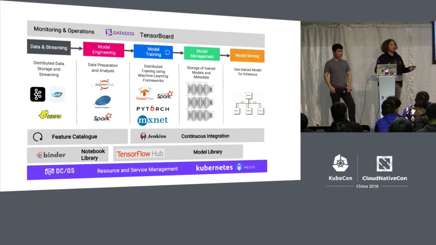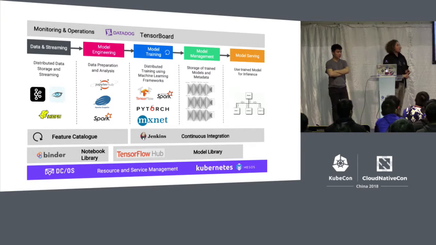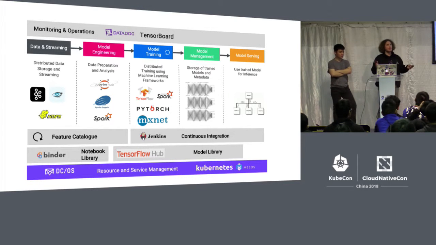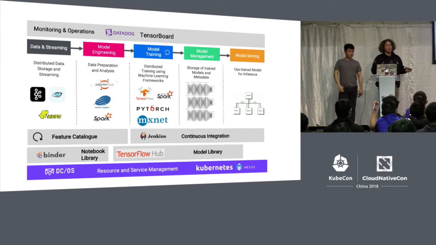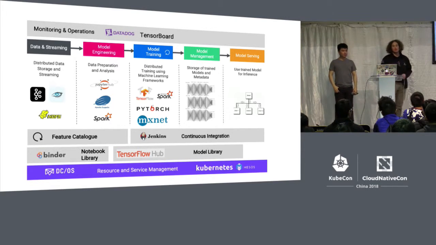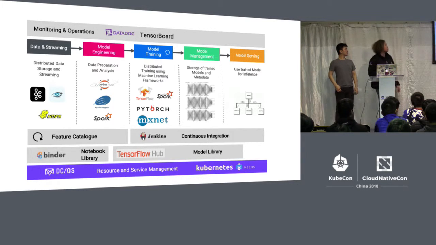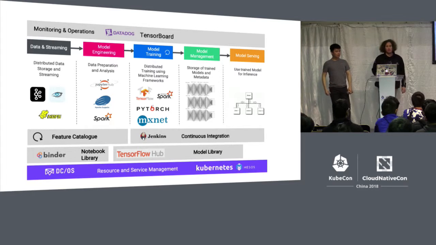Using this pre-trained model really reduces the amount of time and resources I have to invest into training. And it also reduces the data set size I actually need to train that, because most of the base features have already been covered by this pre-trained model. So having a platform where I can actually share and reuse models, retrain models, is also quite important.